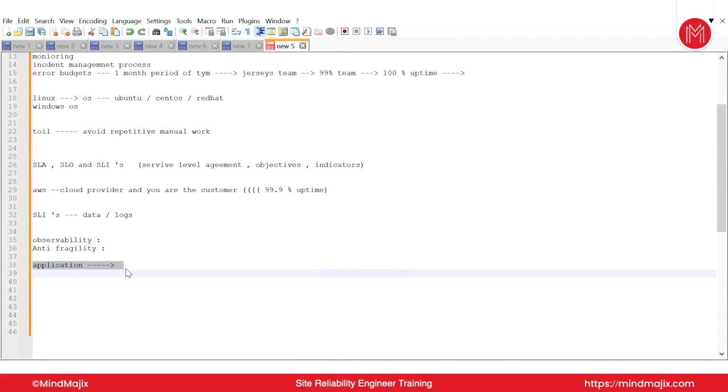Or you will create automations to reduce toil. You are using SLA, SLO and SLIs, reducing toil, increasing automation, learning from your mistakes, and configuring alerts, thereby reducing downtime. So everything is going toward the reliability of the system.